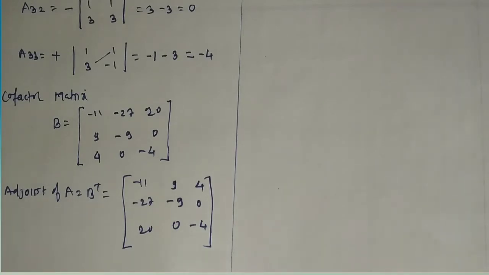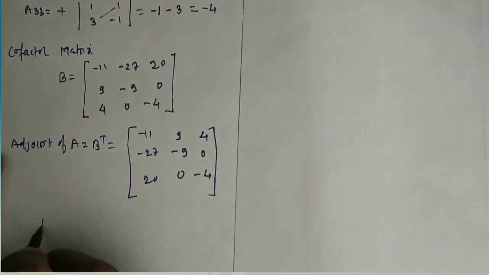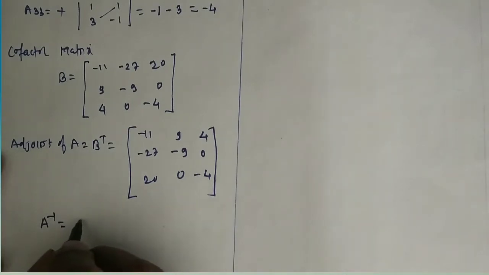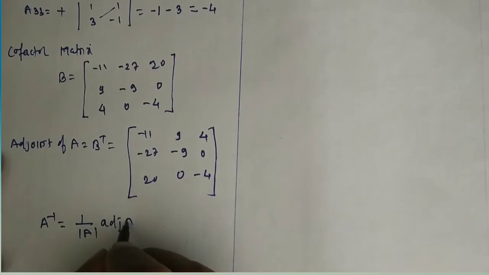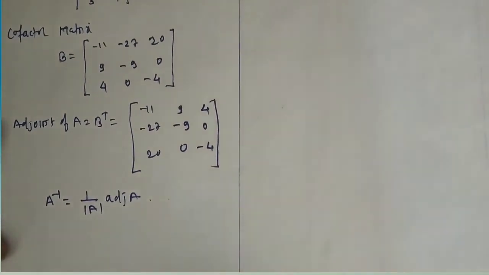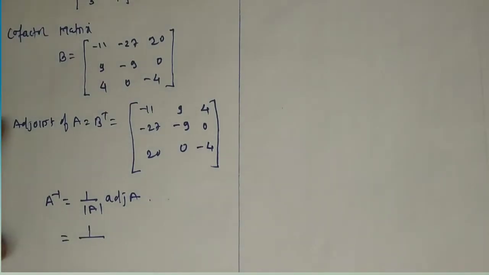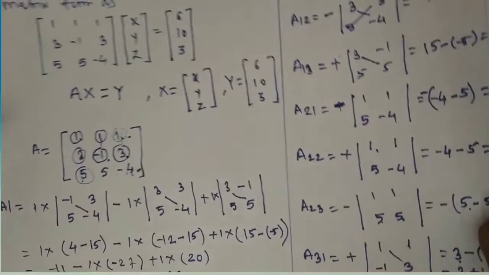Now we will find A inverse. So our next step is to find A inverse. What is A inverse? A inverse is nothing but, as I told you, the formula: 1 upon determinant of A into adjoint of A. Right? So this is the formula for A inverse. What is the determinant of A?